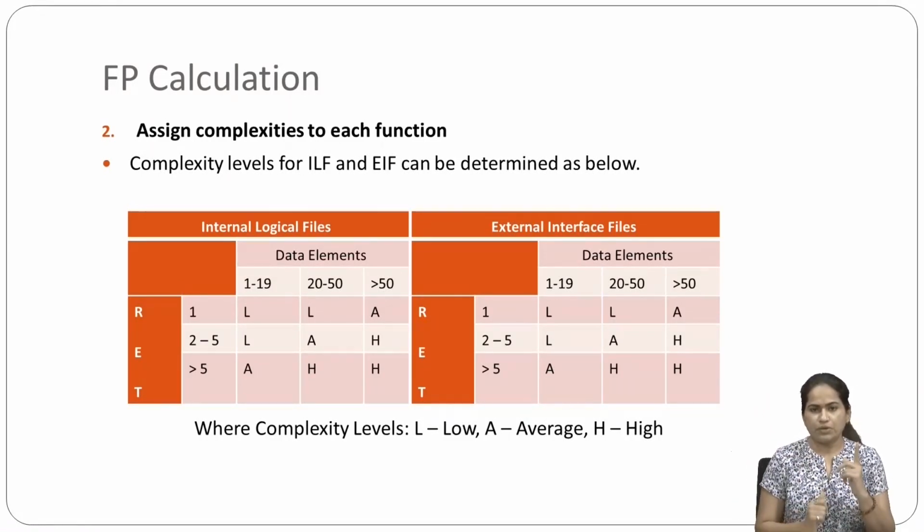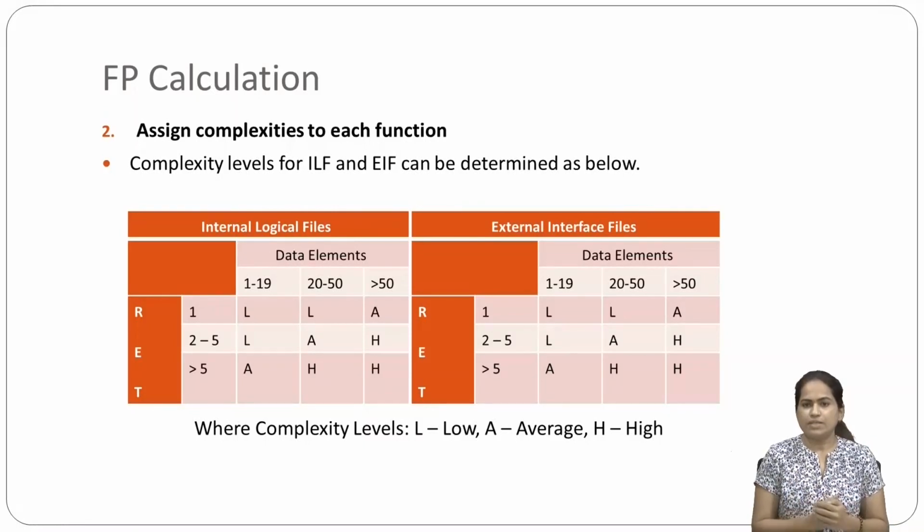And suppose your RET is greater than 5 and data elements are 1 to 19, then the complexity will be average. RET is greater than 5, data elements are 20 to 50, then complexity will be high, and so on. You can see how your complexity levels are for internal logical files.